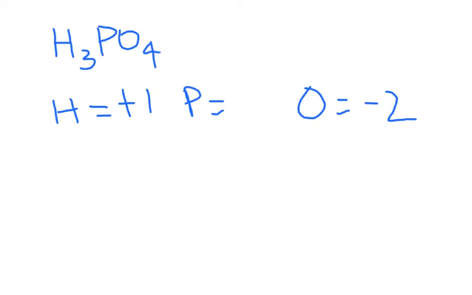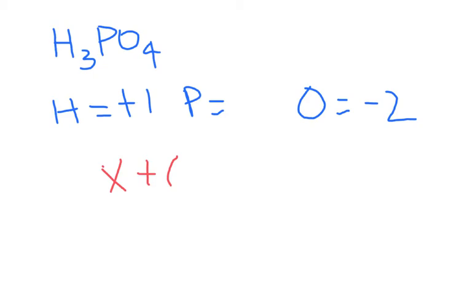I'm going to set this up like an algebraic expression again. I'm going to let X be the oxidation number of phosphorus. So we have X plus, there are 3 hydrogens.